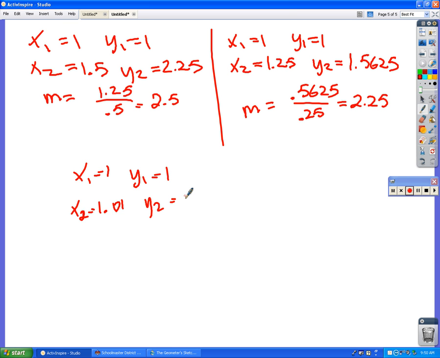1.01 squared is 1 point, a lot of zeros and then another 1. 0.0201, right? Okay, so the slope is 0.0201 divided by 0.01, which is 2.01, right? Okay. So, any guesses? 2. Okay. Right.